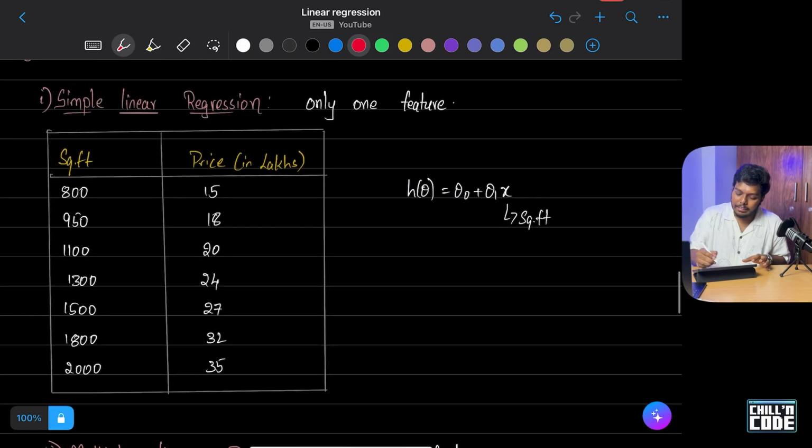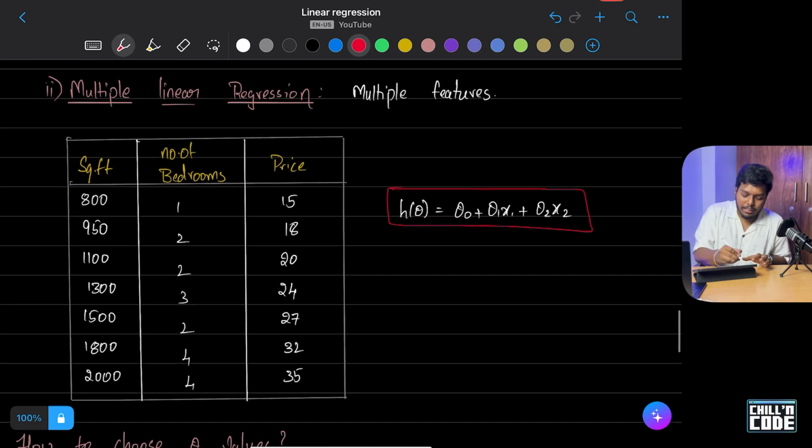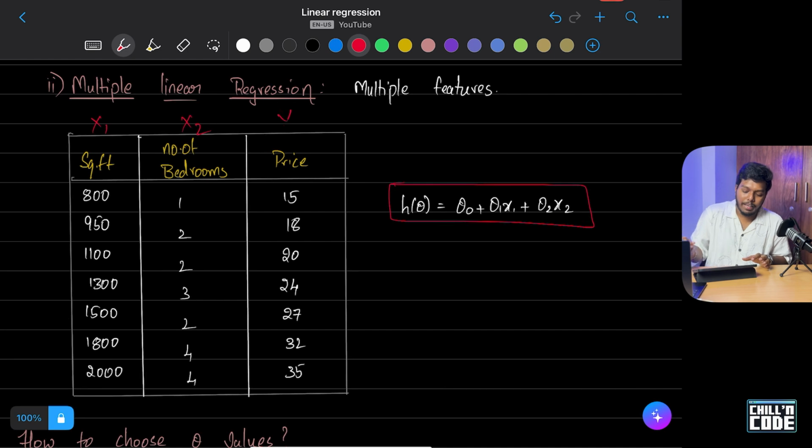In simple linear regression, it is theta 0 plus theta 1 of x. But here, since we have two features, we consider them as x1 and x2, and the output as y. This is a straight line with two independent variables, so we write the equation as theta 0 plus theta 1 x1 plus theta 2 x2.